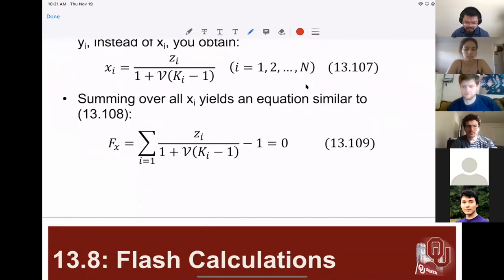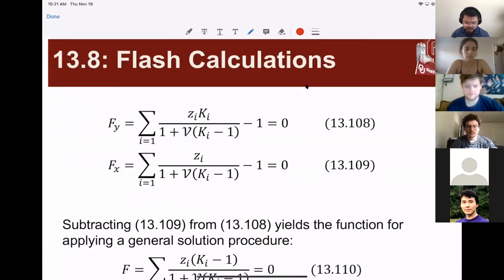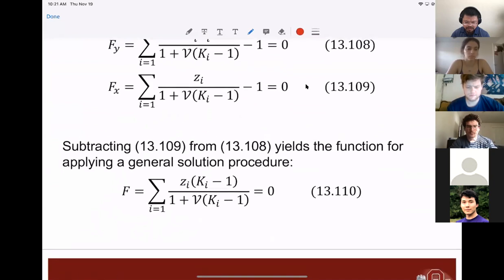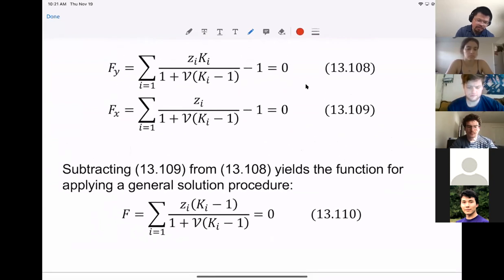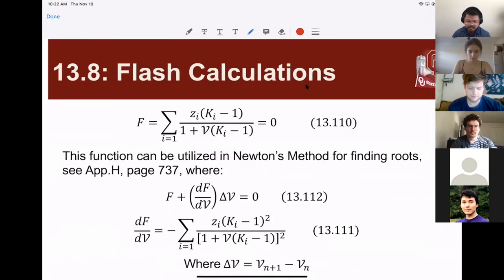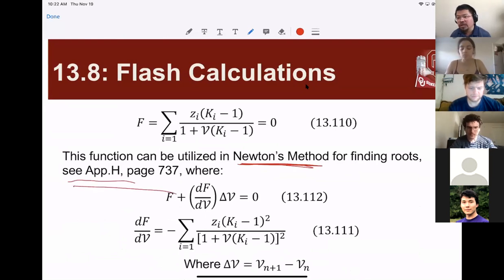You can read the textbook and try to figure it out over there. So why we define this fy function, why we define this fx function, why we try to combine the two, trying to have the f function. And I want to point you to the Newton's method, and the textbook has the appendix to show you what is going on for the method, okay?